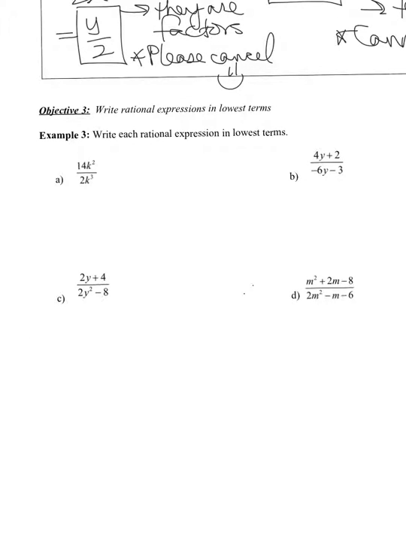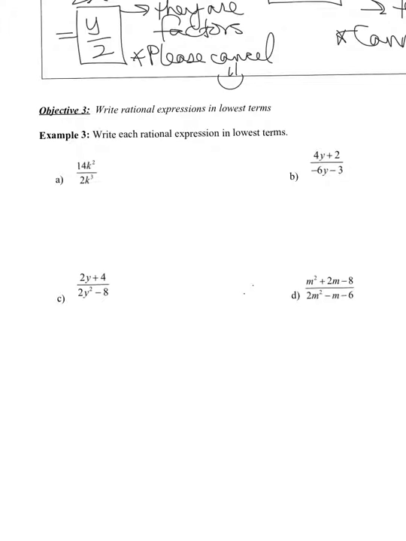So the third and final objective of this note sheet is to write rational expressions in lowest terms. So I'm going to go through examples A and C with you, and you can find B and D in the filled-in note sheet on Canvas. So in example A, we want to find a GCF.